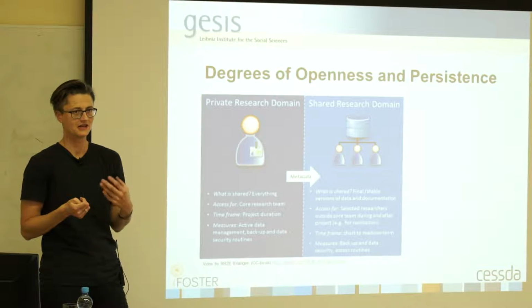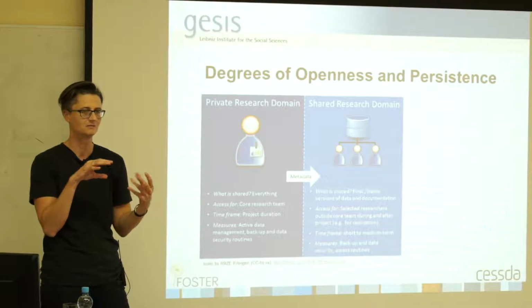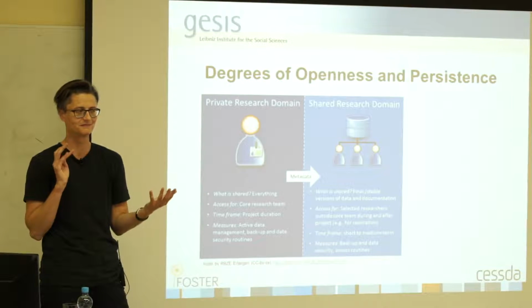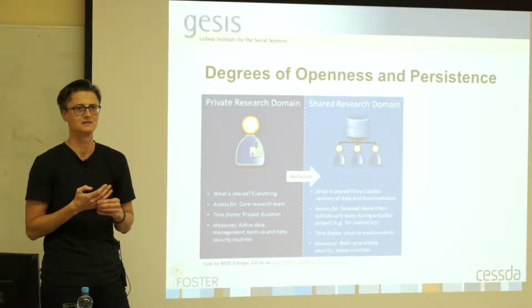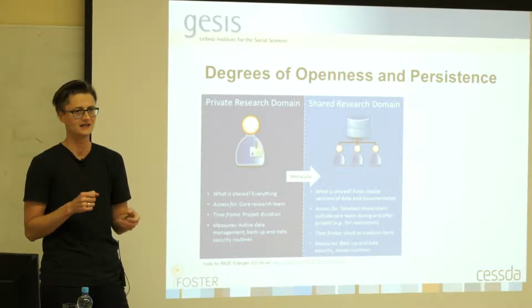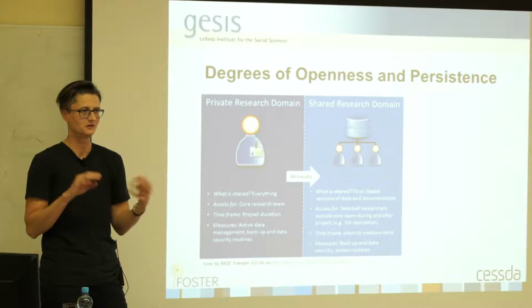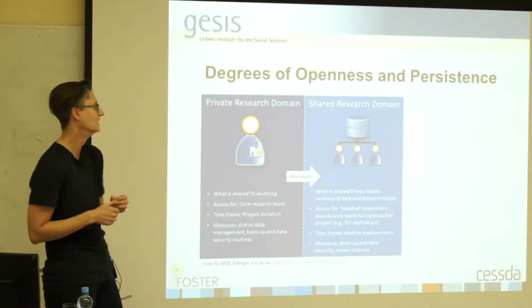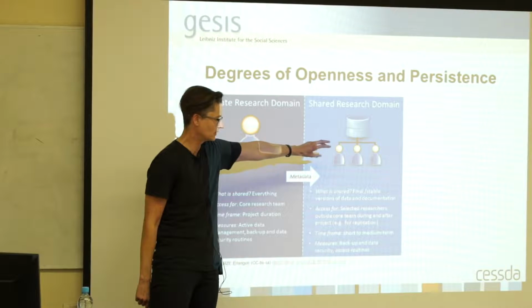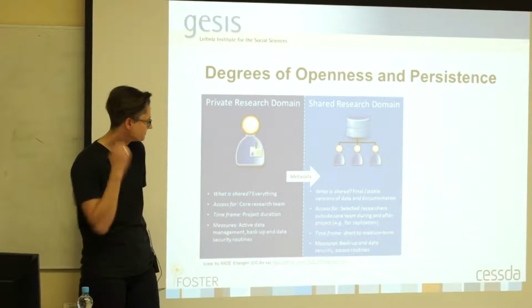Obviously, the answer is not everything is shared, but what you share, for example, are only probably fairly stable versions of the data, or maybe even only final versions of the data. You would not share all of your working files. You would not share the raw data. So here, the amount of what is actually shared is a lot smaller than in this domain.